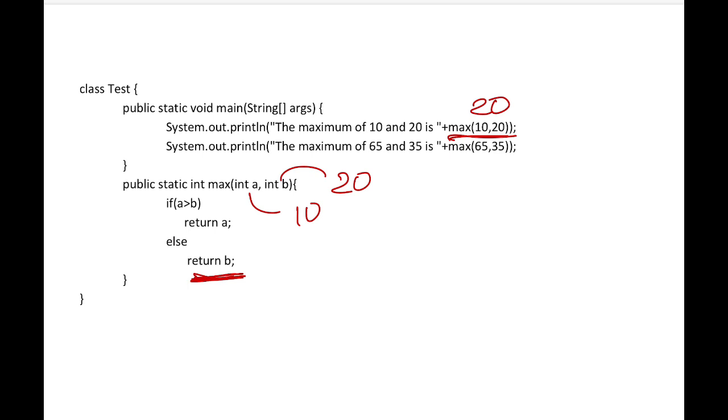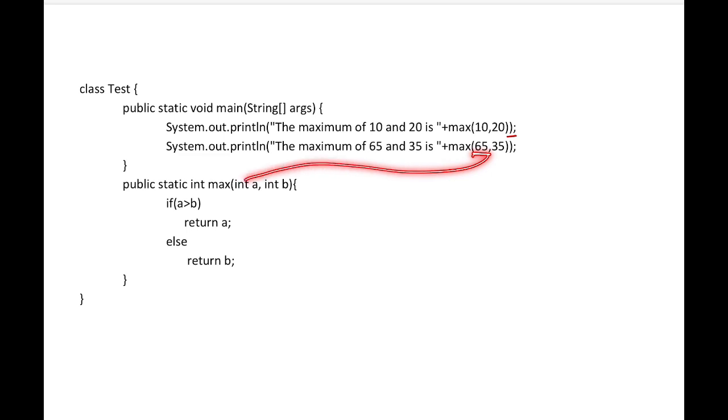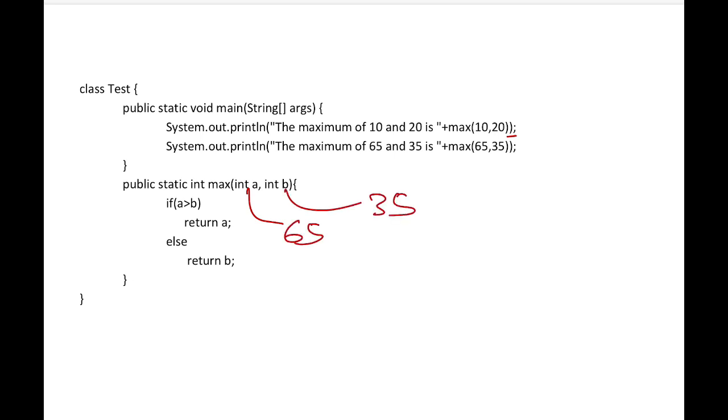Now in the next line, the maximum of 65 and 35 is max(65, 35). When we call the max method here, the control comes to the max method, and the value 65 is passed to A, the value 35 is passed to B. So A value becomes 65, B value becomes 35.